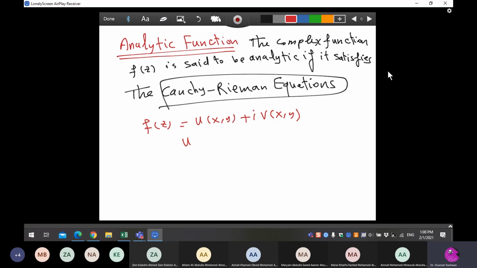Cauchy-Riemann says ux equal to vy and uy is equal to minus vx. This is the Cauchy and Riemann equations. If any one of these fails, it will not be analytic. Okay, catch my point?